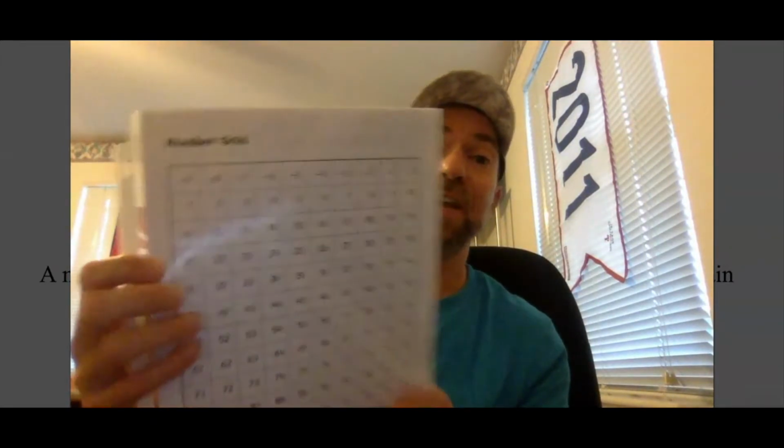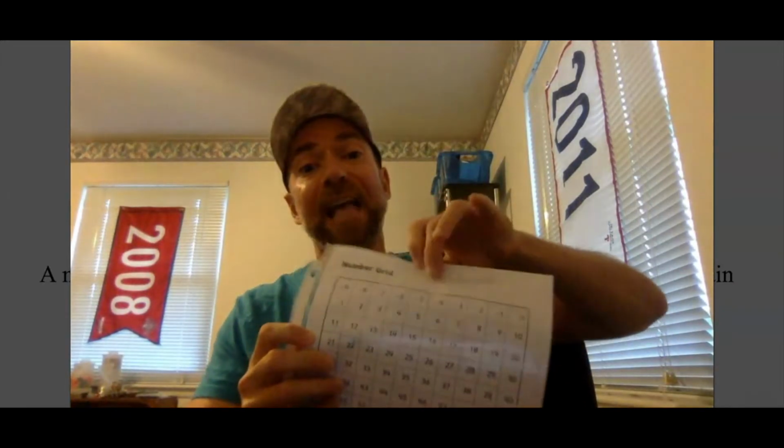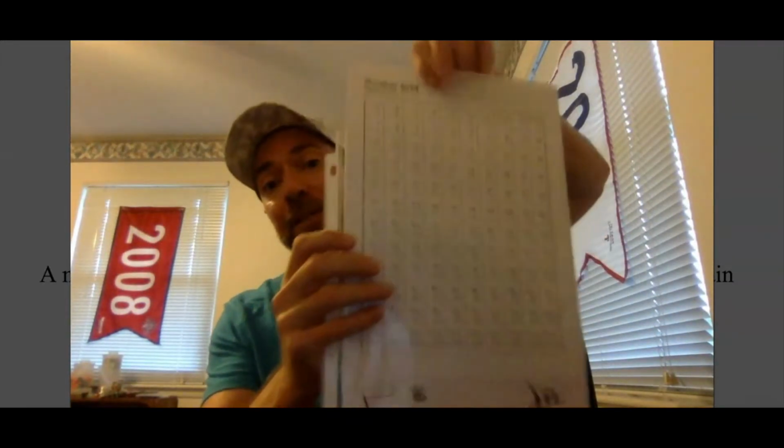What we're going to do today is look through this pack and pull out the number grid. Then you're going to place the number grid inside that sheet protector, so it slides right in.